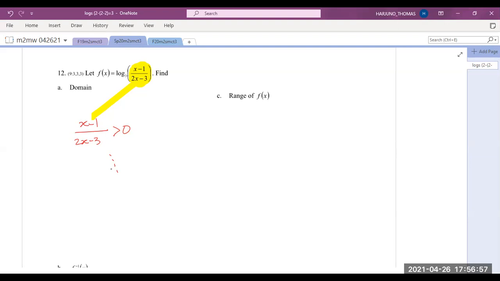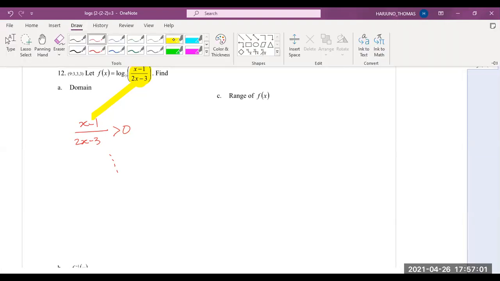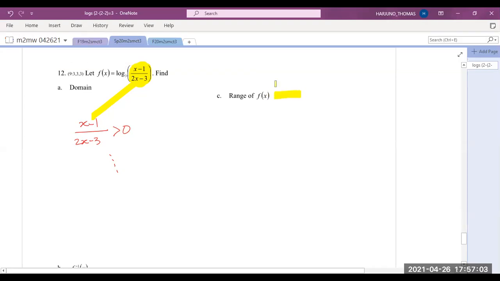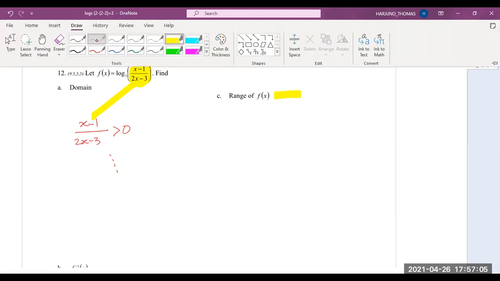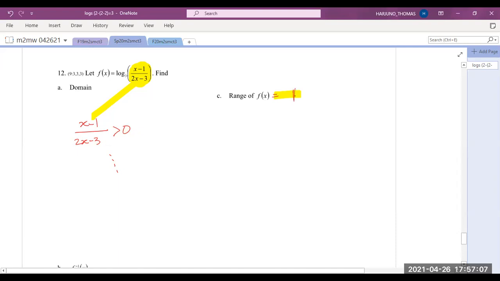Now, second, how about the range, Thomas? We know that the range for a log function is all real numbers. Notice that for this logarithmic function, the argument x minus 1 over 2x minus 3 cannot be 1/2.